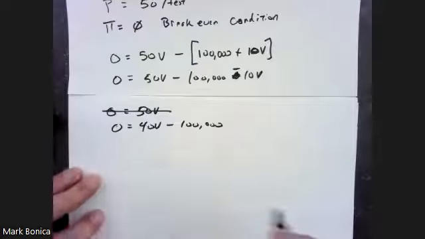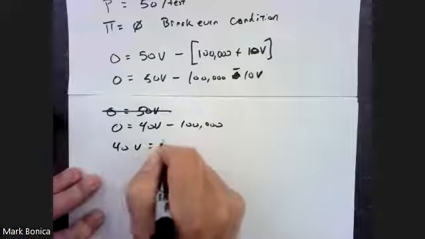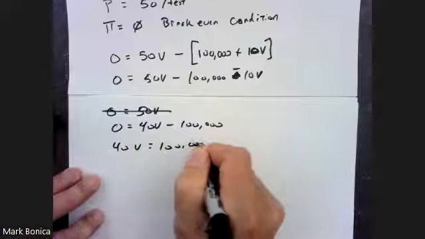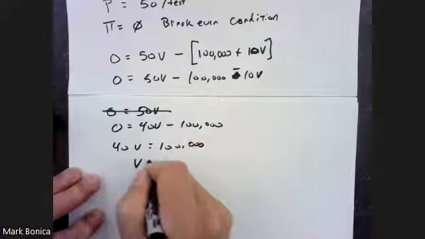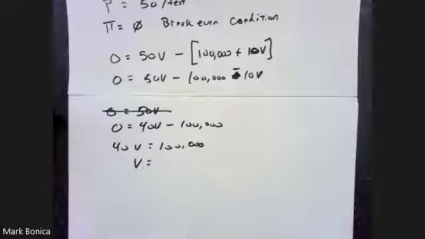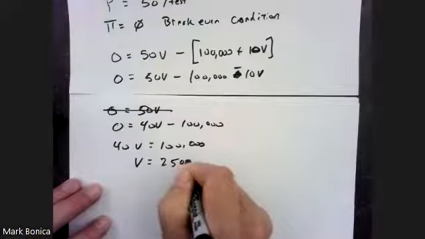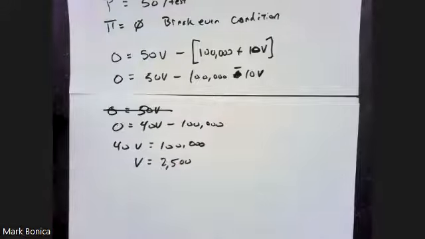Add 100,000 to both sides. We get 40V equals 100,000. Then V equals 100,000 divided by 40, which gives us a V of 2,500. Okay, so what does that mean? Well, let's put this on a graph now.